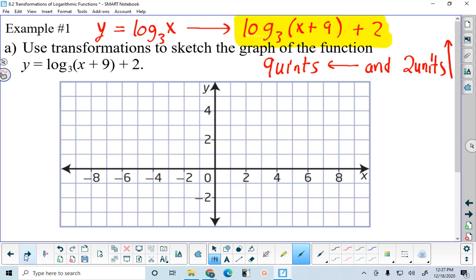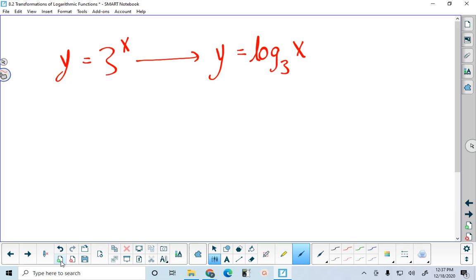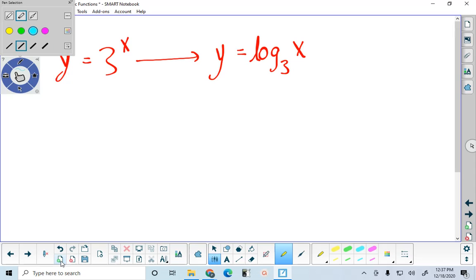So what I'm going to be doing here is using my knowledge of inverse functions to determine what this function that I'm now highlighting looks like, so that I can shift it 9 units to the left and 2 units up.